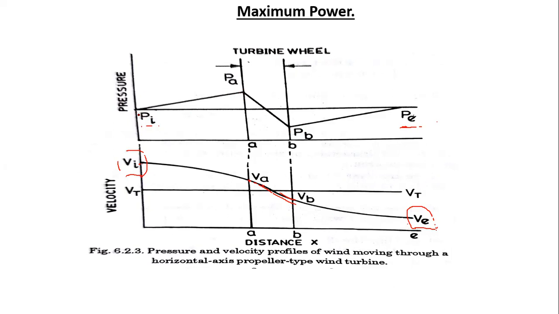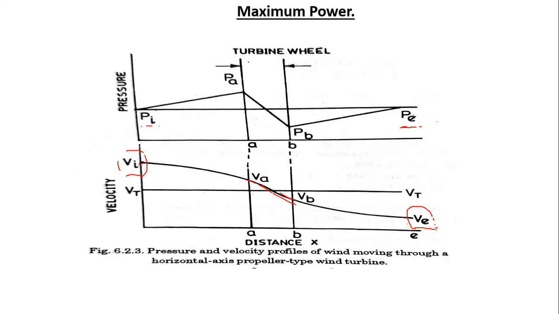If you see these equations, we can say that wind pressure rises as it approaches the wheel, and as it leaves also, at the exit, the wind pressure will be increasing. Here the wind velocities are decreasing and here the wind pressures are increasing.